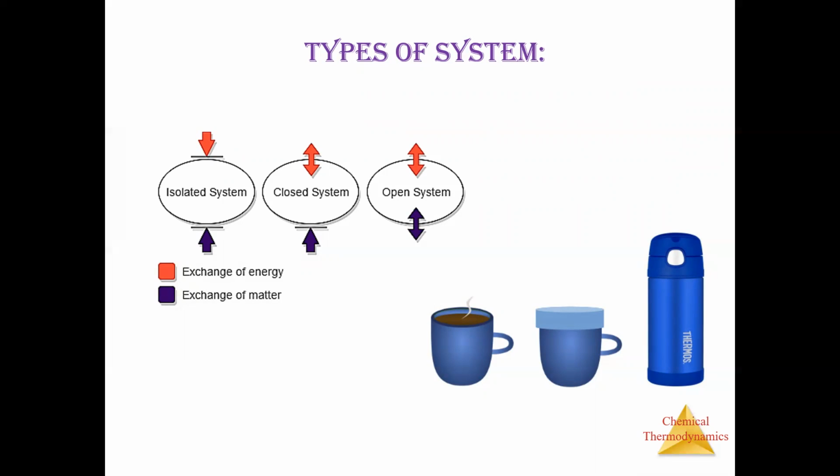In the third case, nothing is being exchanged, hence it is known as an isolated system, where neither exchange of energy nor exchange of matter takes place, which allows the thermos to keep hot things hot for a longer period of time and a cold thing cold for a longer period of time. Hence, the system is divided into three different types: open, closed, and isolated, depending upon the exchange of energy and matter.